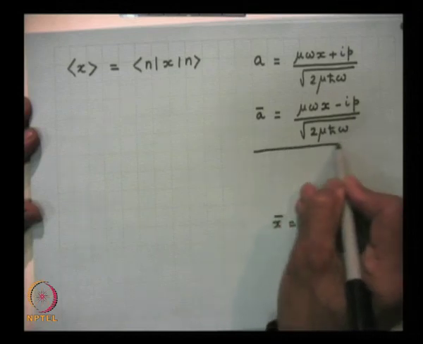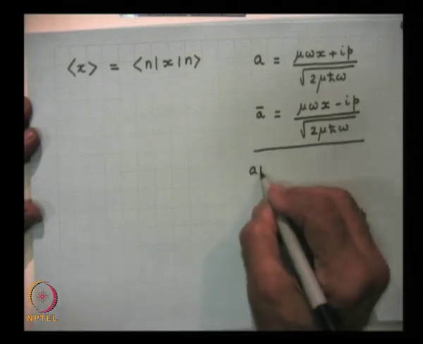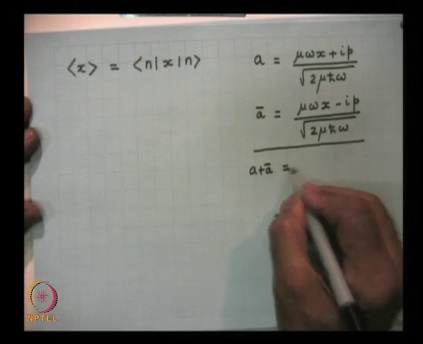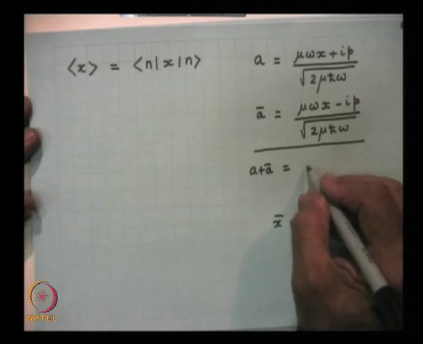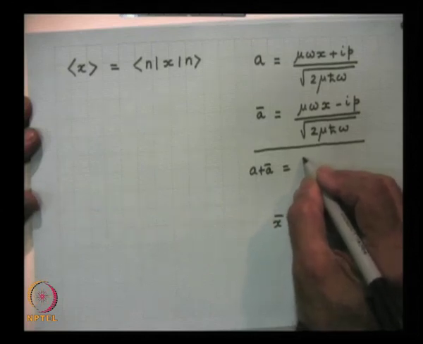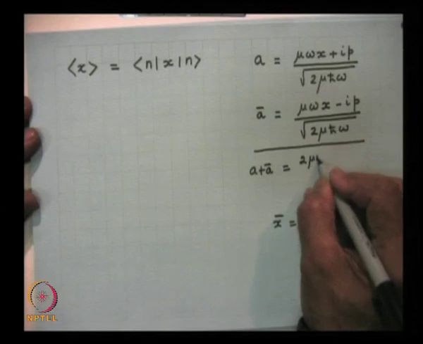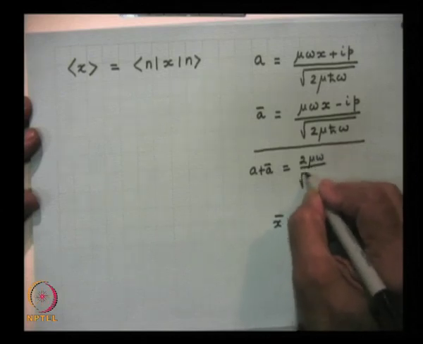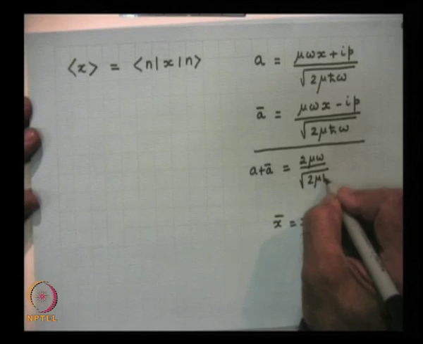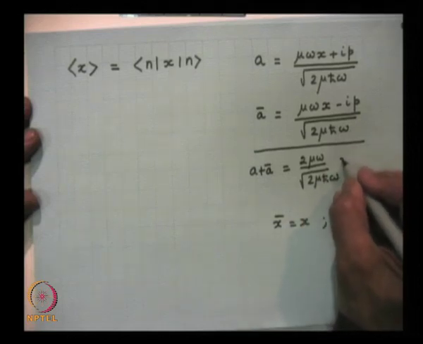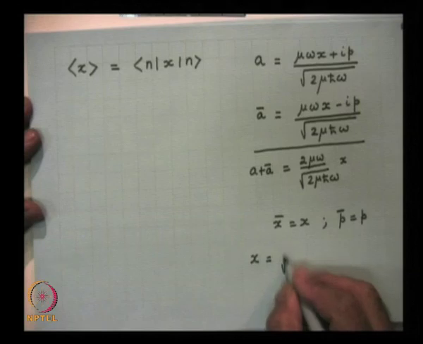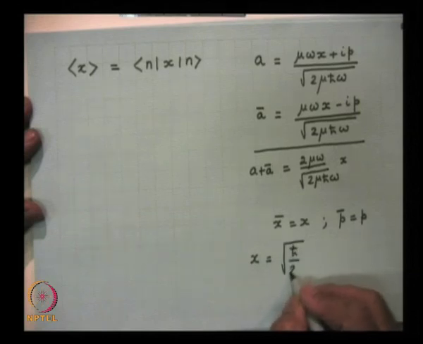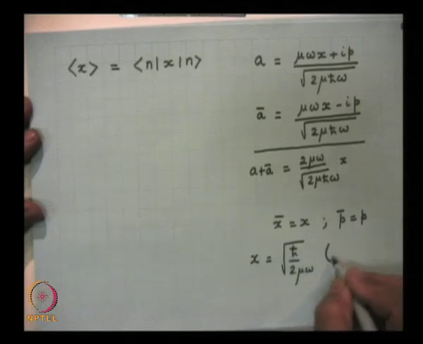If I add them up, then I will get a plus a bar, the p and p will cancel out. So, this will be 2 mu omega divided by under root of 2 mu h cross omega times x. So, therefore, x will be equal to under root of h cross by 2 mu omega times a plus a bar.